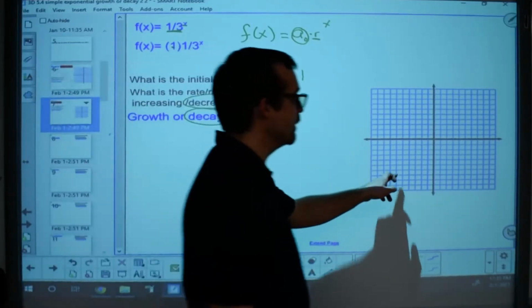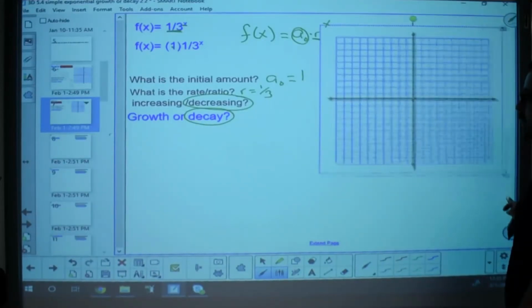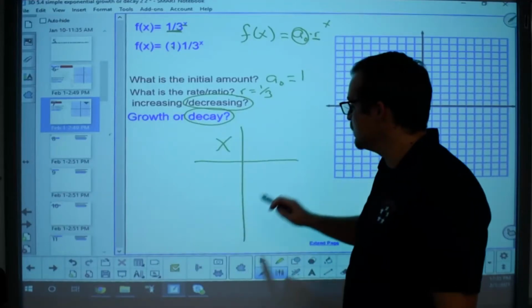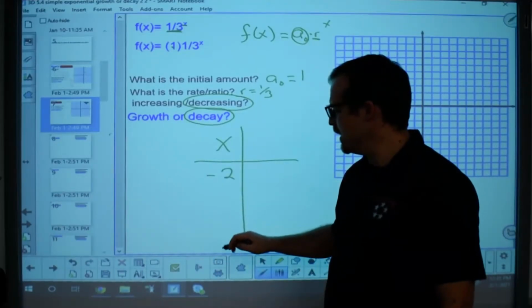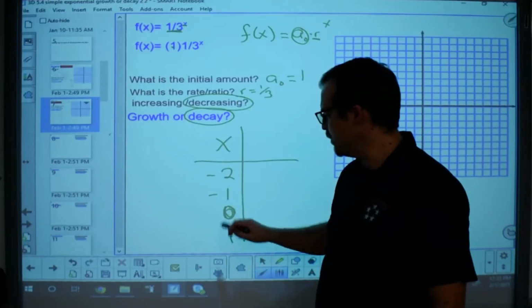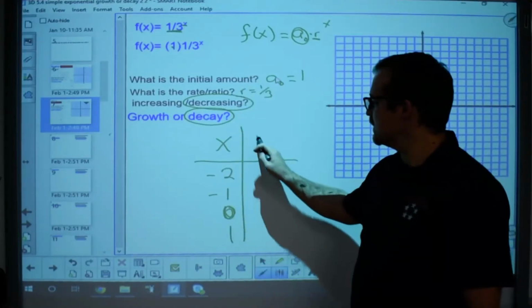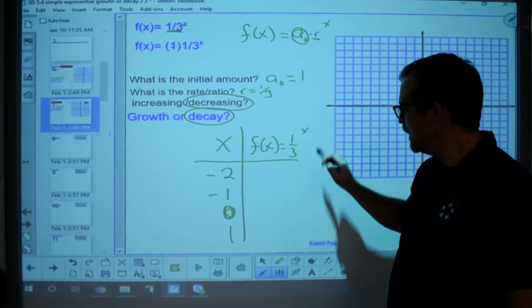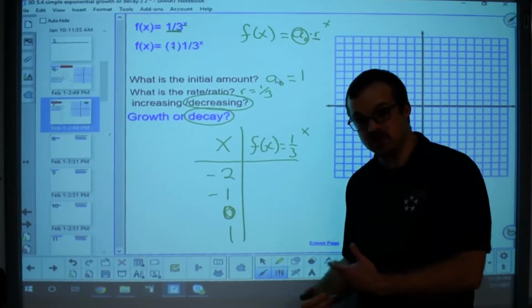Let's take a look over here on the graph. I'll make a quick table for you on this one as well. We'll just go through a couple numbers: negative 2, negative 1, 0, and 1. A couple more points on there to prove my point. f of x is 1/3 to the power of x. I know these, but you can use your calculator to check.